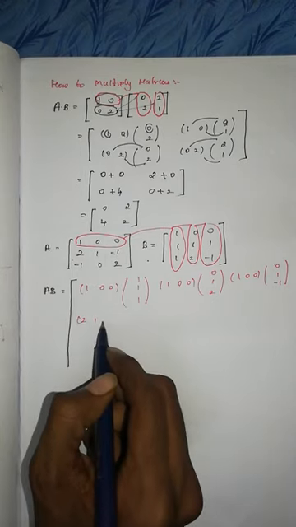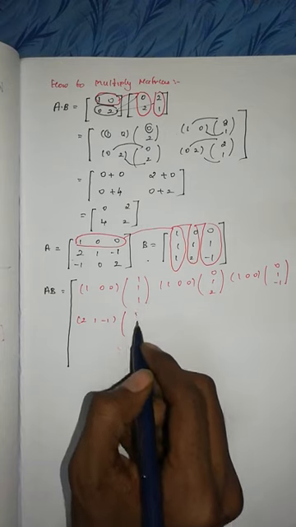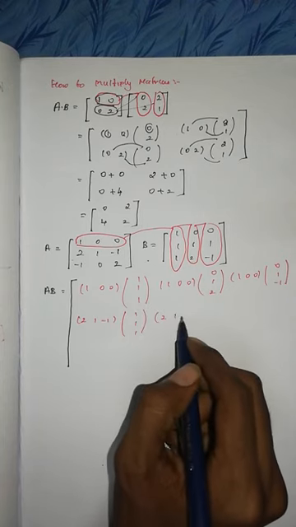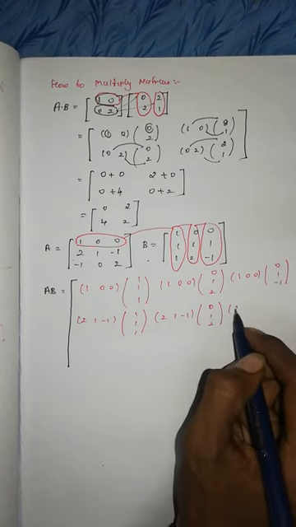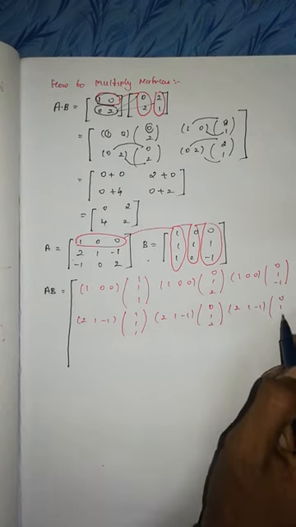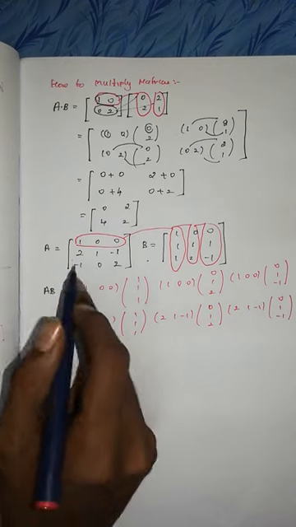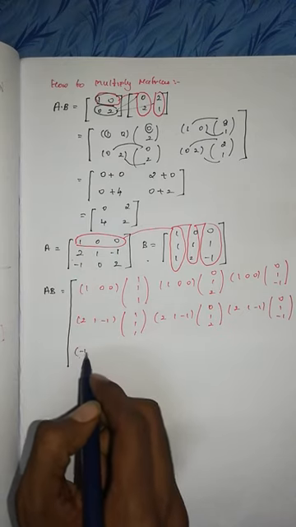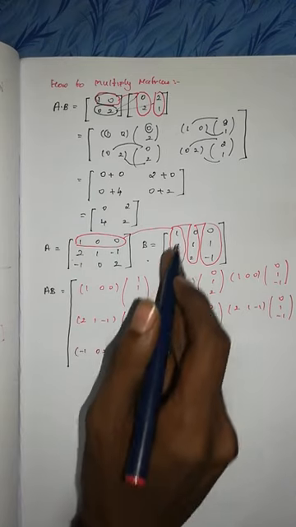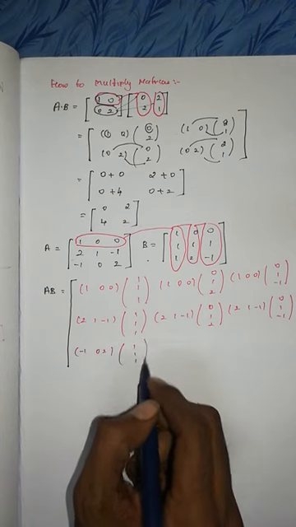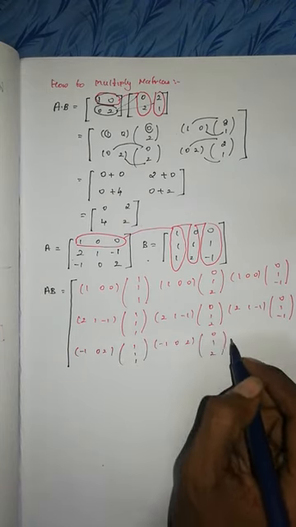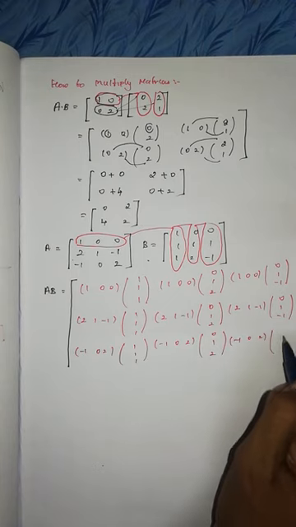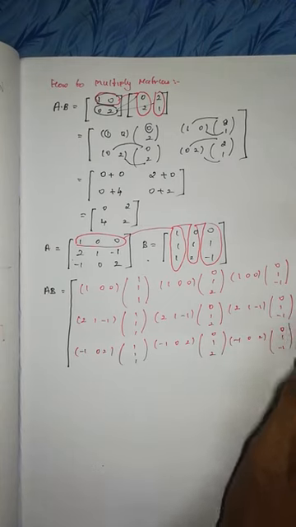So which is 2 1 minus 1, 1 1 1, 1 2 1 minus 1, 0 1 2, 2 1 minus 1 0 1 minus 1, and again I take the third row, which is 1 0 2, and multiply with all the 3 columns, which is 1 1 1 minus 1 0 2, 0 1 2 minus 1 0 2, 0 1 minus 1.